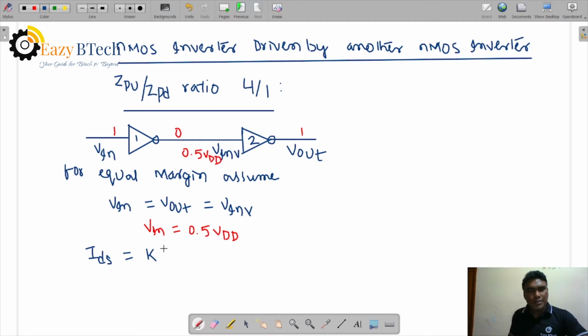So we derived IDS is equal to K into W by L in saturation region, VGS minus VT whole square by 2. This is a saturation condition.